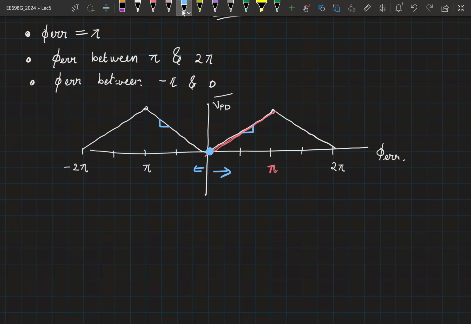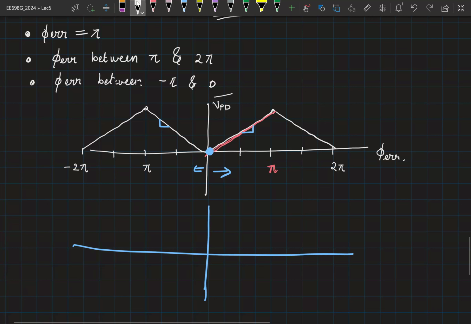So what we would generally do is, we would process this waveform slightly such that the curve shifts downwards. So you would try and achieve a shape like this, where this is at pi, this is at pi by 2, and this is 0.